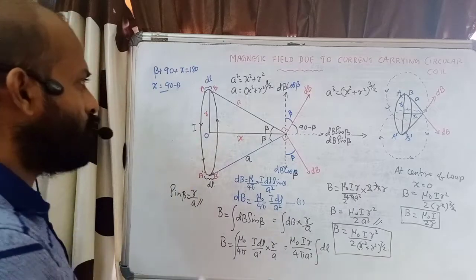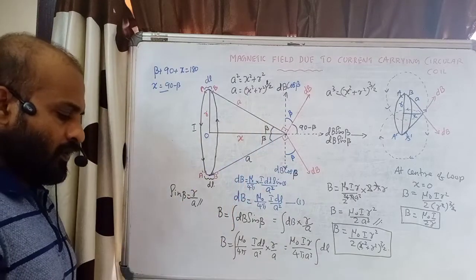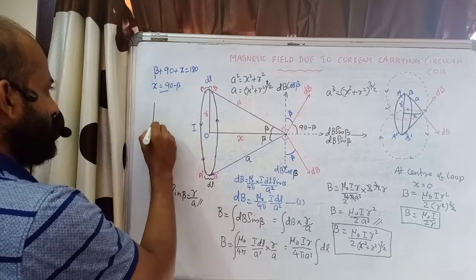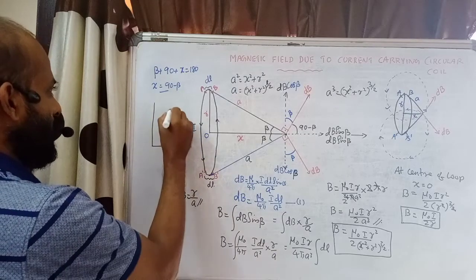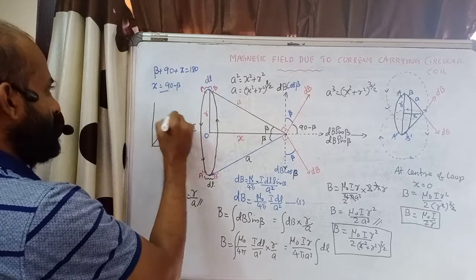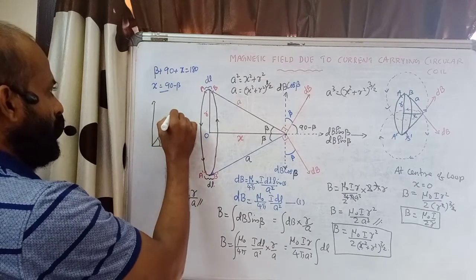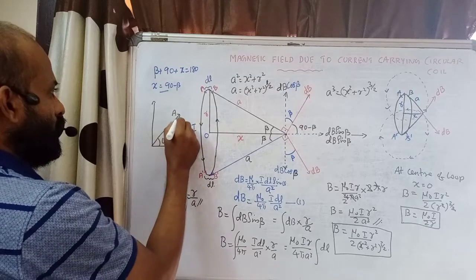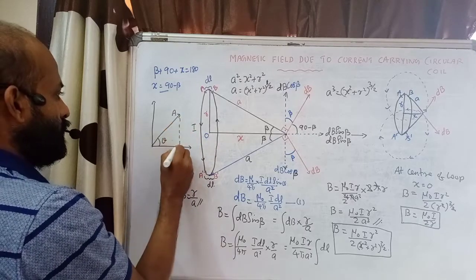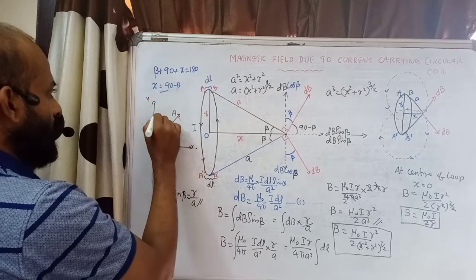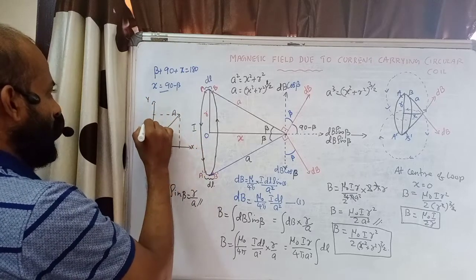Now I'll explain how we have taken the component. So if you have a vector like this, we have a vector. Let this vector make an angle theta here. Okay, let A be the length of the vector. Now I'll take this length as x axis, here y axis. I'll take this length y.